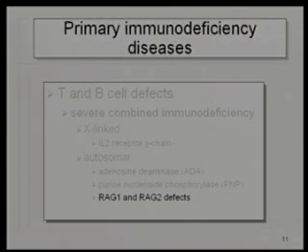If there is no RAG gene, there is not going to be any rearrangement of the BCR or TCR. As a result, there will be no positive selection. And if there's no positive selection, there are not going to be any cells coming out of the thymus or the bone marrow for B cells. So there is lack of B and T cells both as a result of defective RAG1 and RAG2 genes.